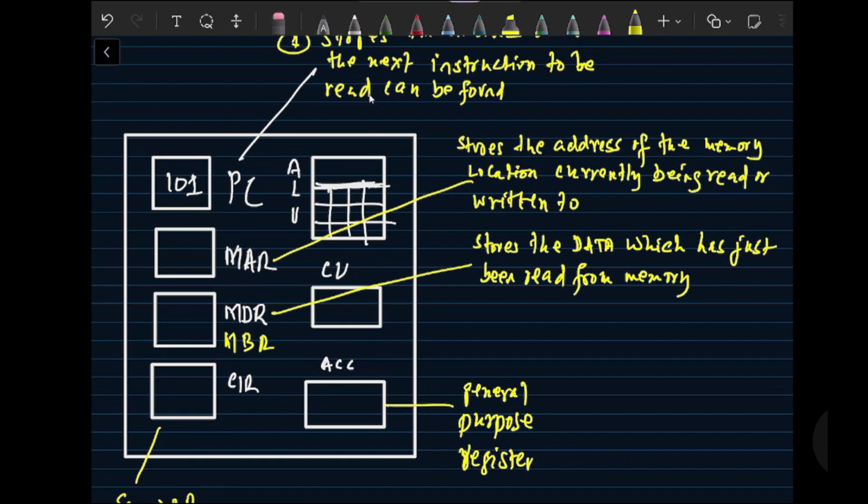So it will have the data against the address which was in the MAR.